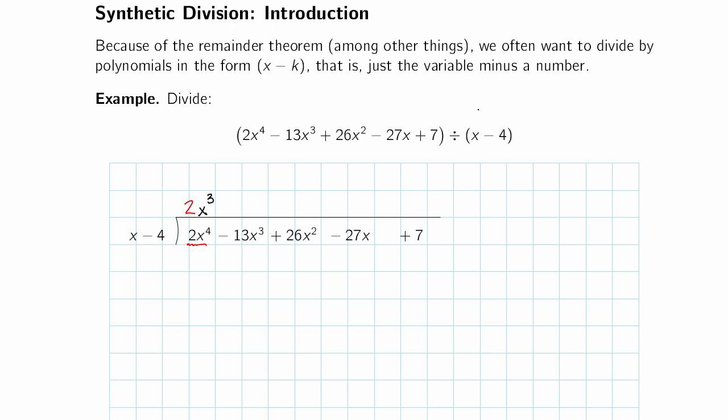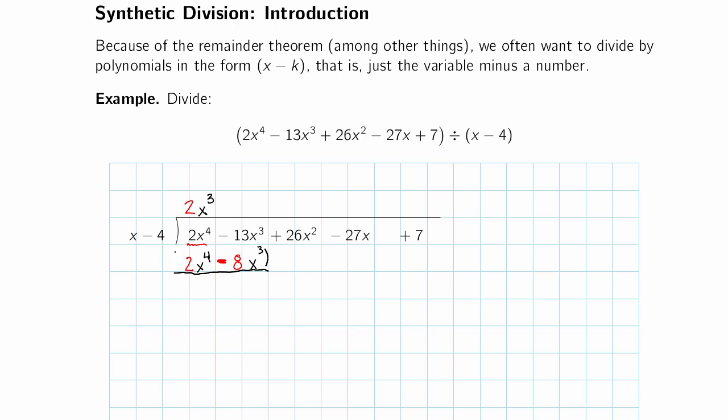So then we multiply. We'll have 2x to the third times x is 2x to the fourth. 2x to the third times negative 4 is going to be negative 8x to the third. And then we subtract.